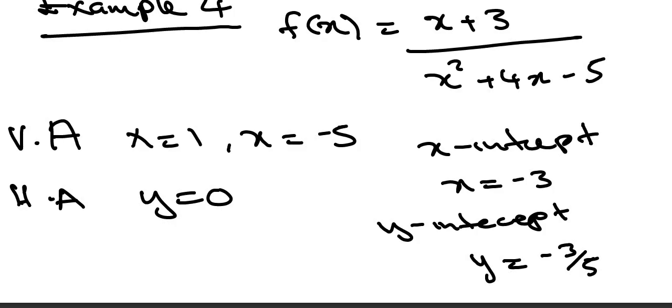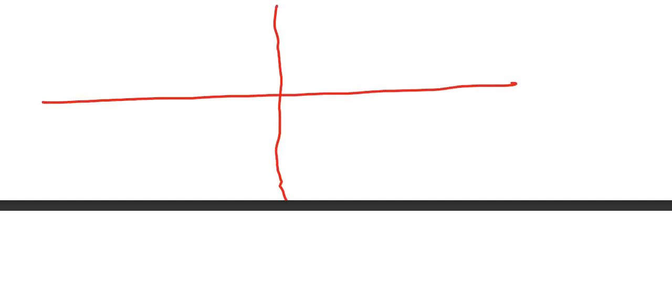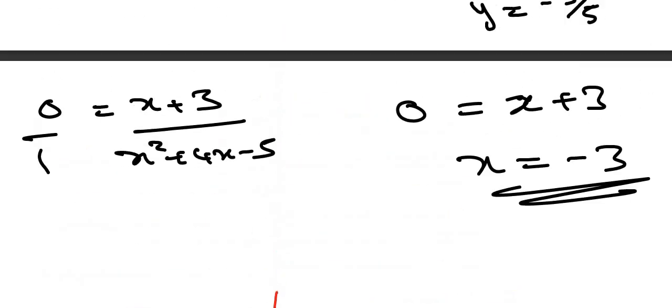Then from here, we're trying to sketch this. If we try to sketch it, we have two vertical asymptotes. For the vertical asymptotes, we got 1 and -5.